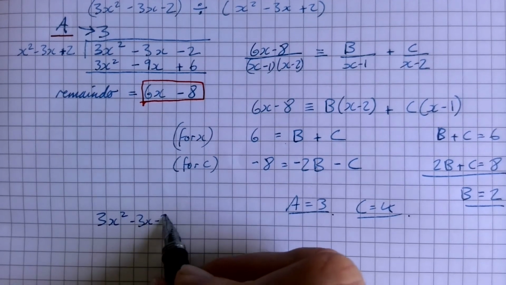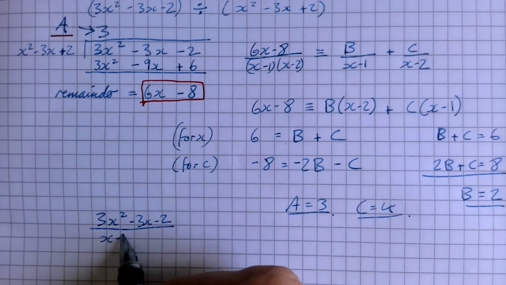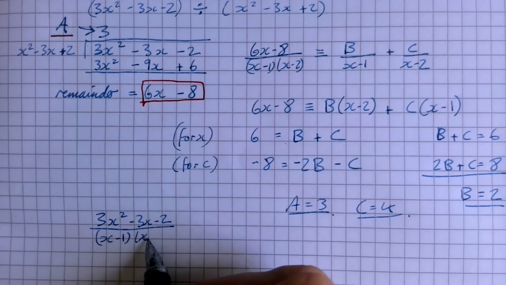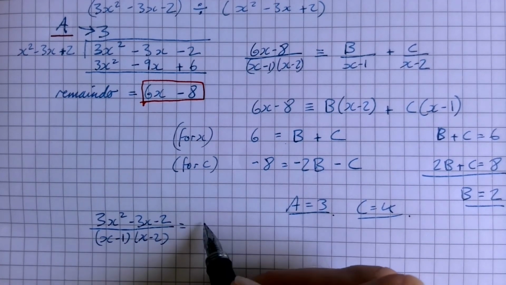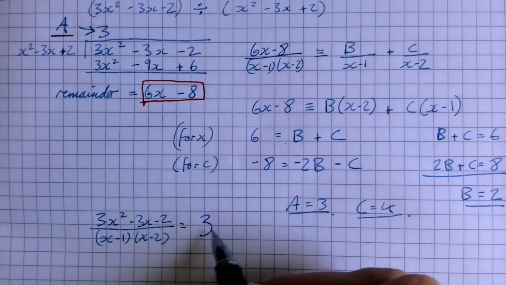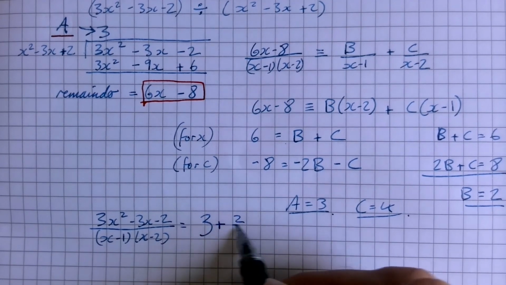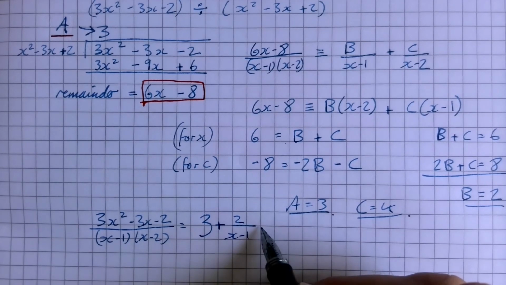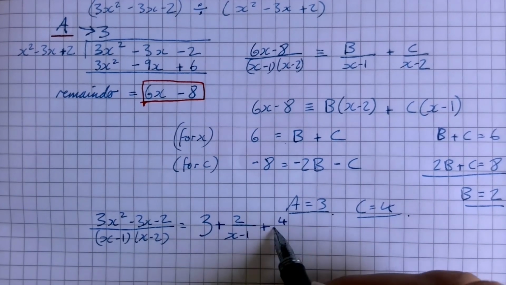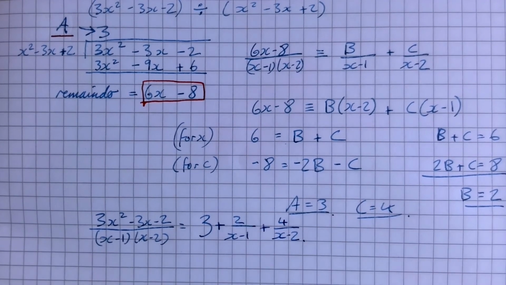So the original fraction is going to be equal to 3 plus 2 over x minus 1 plus 4 over x minus 2. And that's the only example for today.